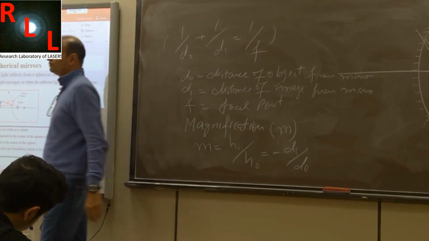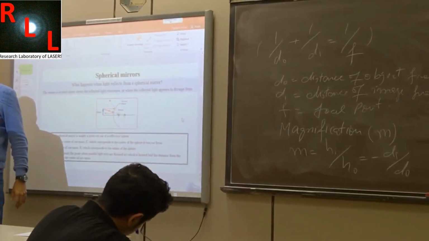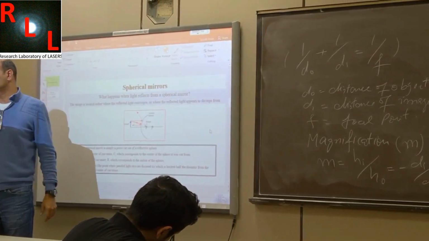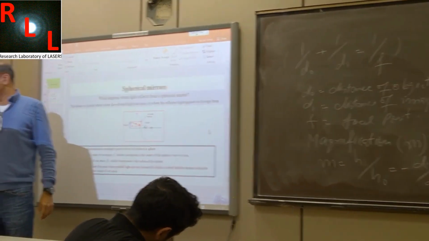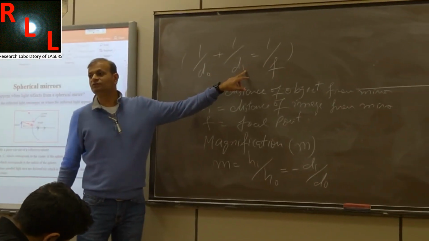I'm not saying real or imaginary here; I'm explaining the equation. I for image, O for object.